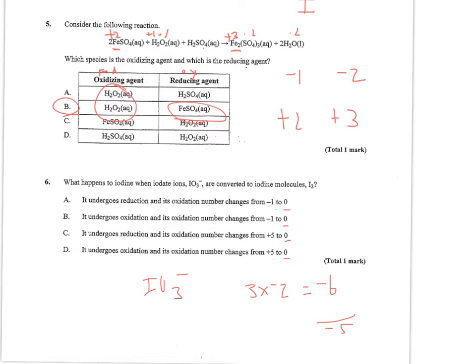My charge overall has to be -1. I only have 1 iodine to make that happen. So iodine has to be a +5. So it's going from +5 to 0. So the question is, is that oxidation or reduction? And that's reduction when your oxidation state goes down. You're gaining control over electrons. So C would be the correct choice.